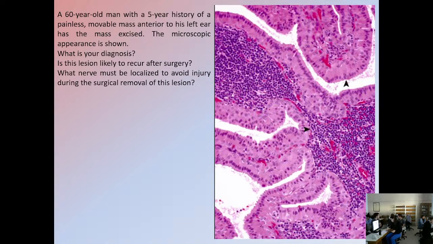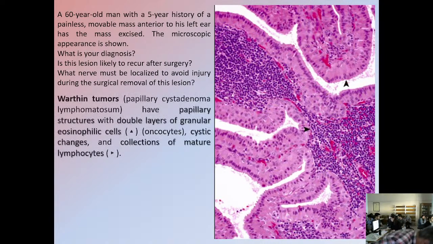Anybody? Yes? Papillae. Yes. So, the old name of this lesion, now called Warthin tumor, was papillary cystadenoma lymphomatosum, because most often it becomes cystic, but that was wrong because this is not a lymphoma, not a monoclonal proliferation of lymphocytes, not a malignancy of lymphocytes.